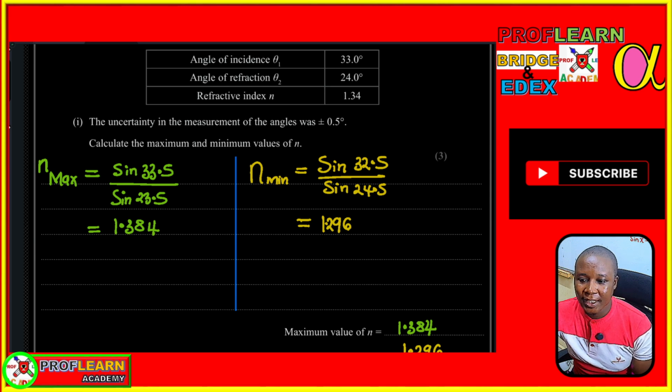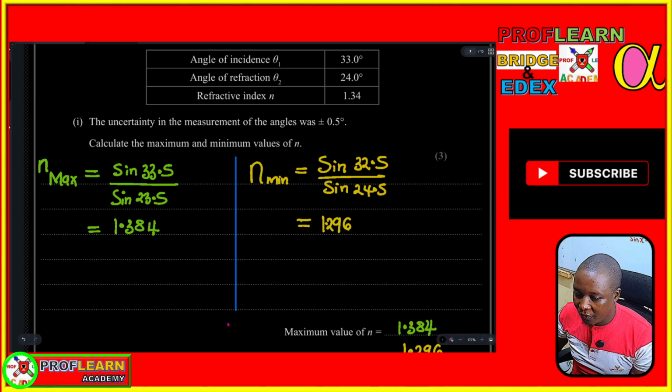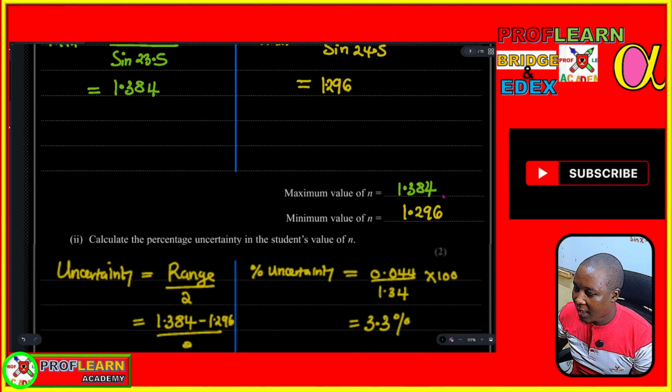If you work it out, you get 1.384 as the maximum refractive index. And for the minimum refractive index, we ensure theta 1 is minimum and theta 2 is maximum, and that gives us 1.296 as the minimum, and the maximum value of the refractive index, as we have gotten them here.